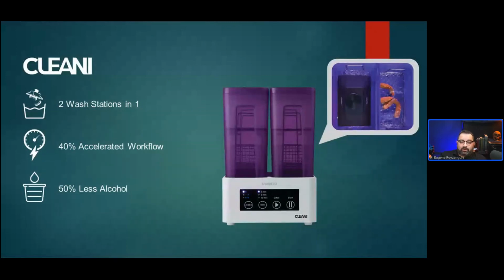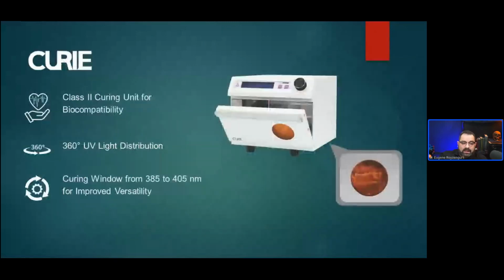And once it's done, I have quite a few different curing units that I have accumulated over time, and this one is actually really nice. What's great about it is that there are quite a few pre-programmed resins in there.